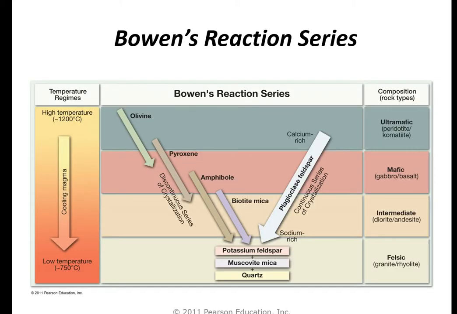So here's this chart, also in your book again. We'll go over it just real quickly here. In the Bowen reaction series, as you go from a high temperature to a low temperature, you would start with a certain type of mineral and igneous type of rock. And as you go down into the various temperature ranges and cooling rates, you would get different types of rock forming out of this.